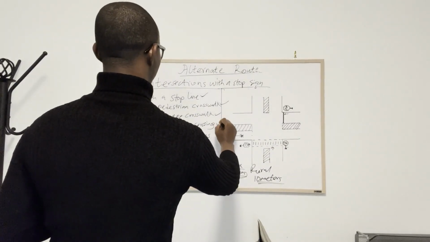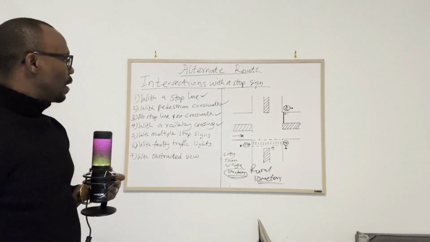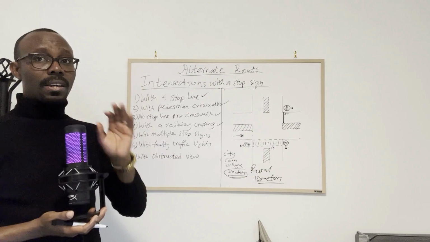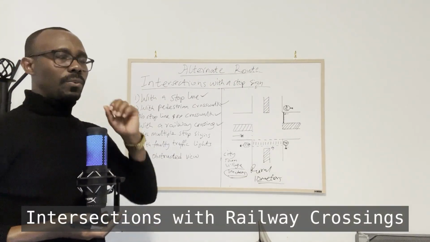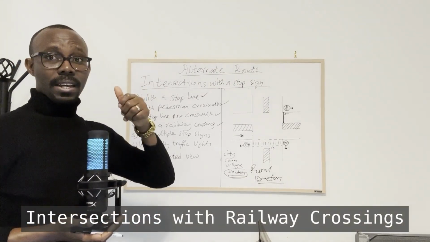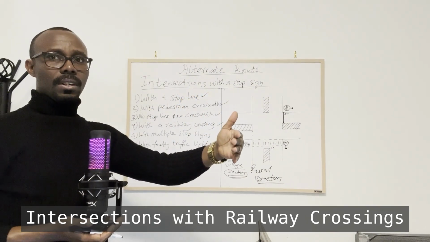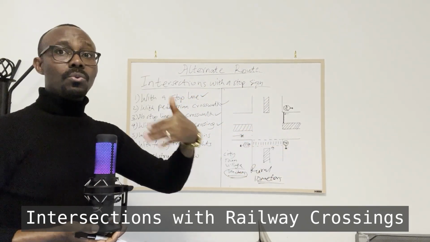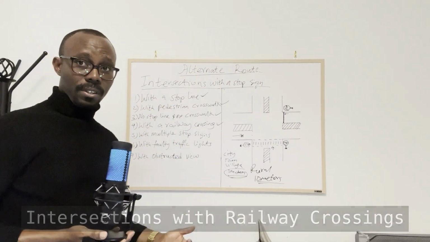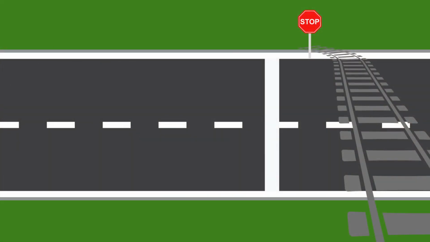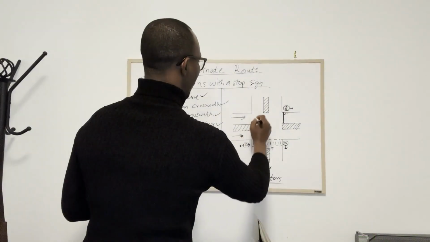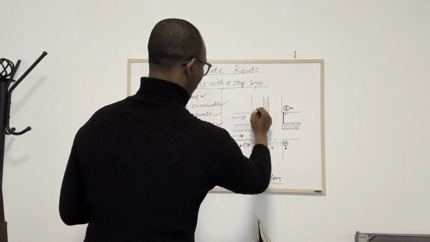Now let's look at the fourth type of intersection: an intersection with a railway crossing. For example, in Saskatoon here, downtown, when you are crossing to 2nd Avenue, you will notice that there is a railway crossing, right? So let's assume that you are coming this way and there is a railway crossing here.